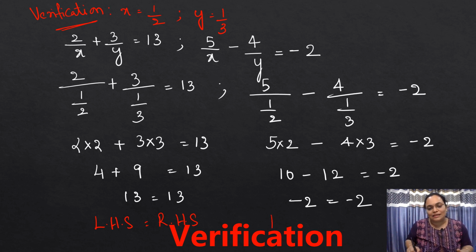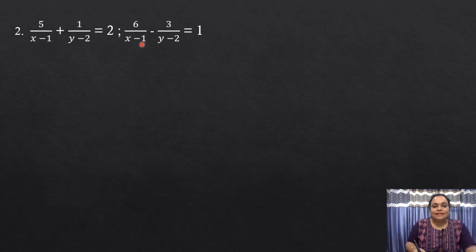This also satisfies. LHS is equals to RHS. Yes. So the x and y values satisfy both the equations on both the sides, right? Hence verified. Clear?